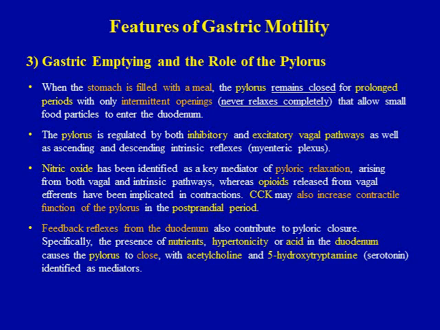Feedback reflexes from the duodenum also contribute to the pyloric closure, specifically the presence of nutrients, hypertonicity or acid in the duodenum. This will cause the pylorus to close. In addition to that, acetylcholine and serotonin are also mediators responsible for the closure of the pyloric sphincter.